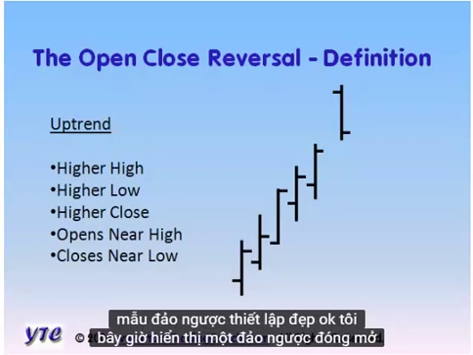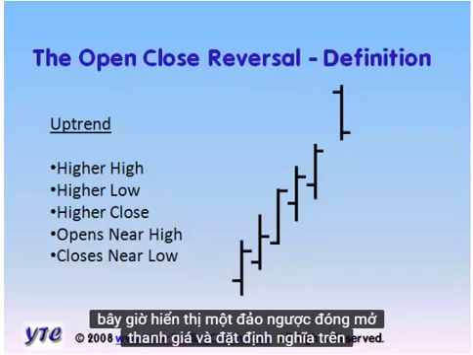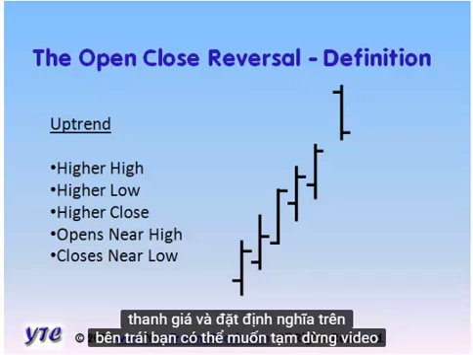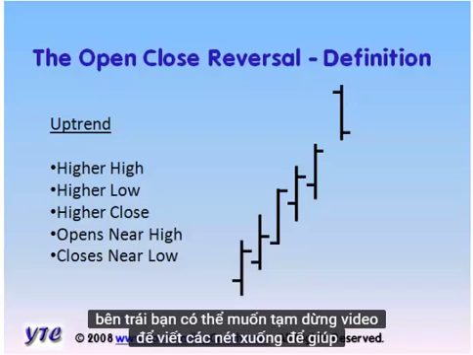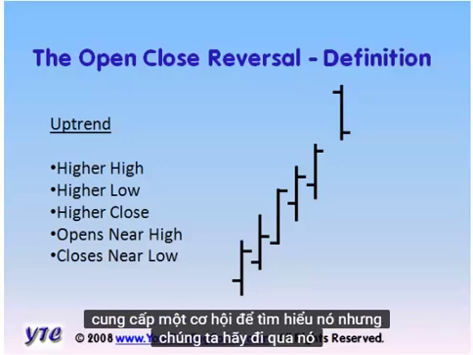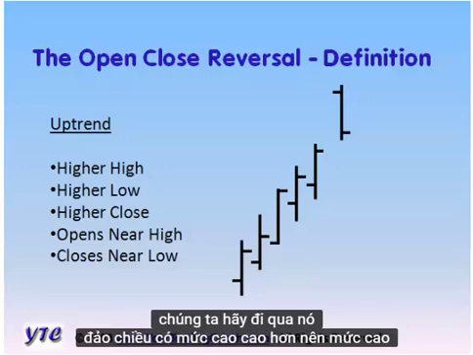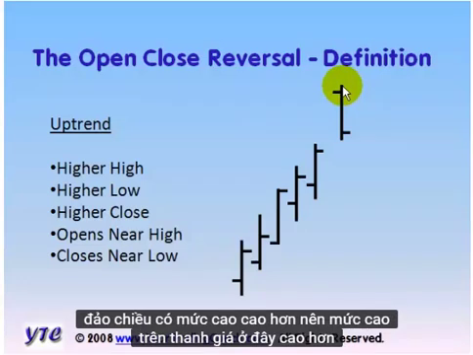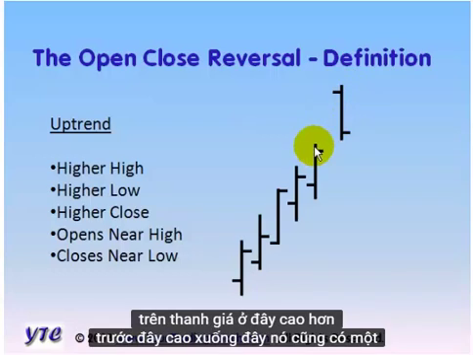Okay, I've now displayed an open-close reversal price bar and placed the definition on the left. You may wish to pause the video to write the definition down to help provide an opportunity to learn it. But let's go through it. The open-close reversal has a higher high. So the high on the price bar here is higher than the previous high.